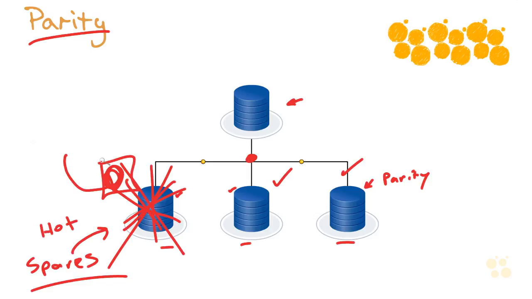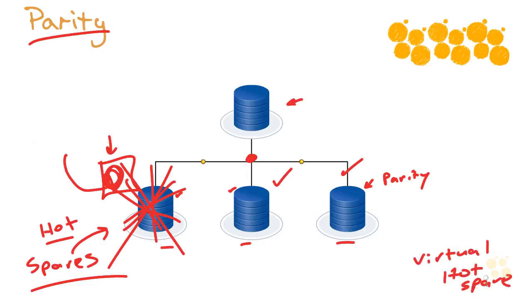The parity information is rebuilt, and everything starts running beautifully once again. The hot spare concept could literally involve a physical disk which is sitting there waiting to introduce itself into the RAID set, or it could be a virtualized solution. Virtual hot spare technology is becoming the rage.